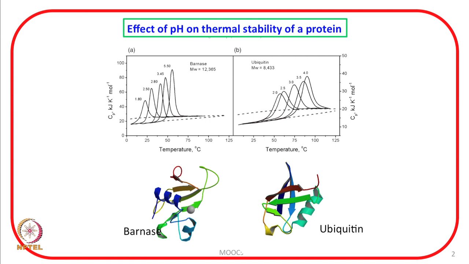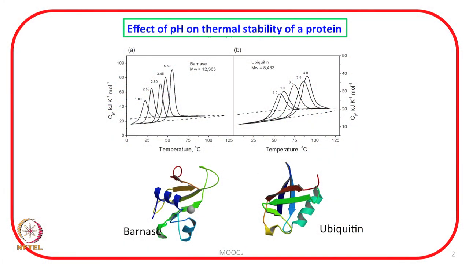Every protein will have its optimum activity under certain conditions, at a certain combination of pH, temperature, etc. And similarly, if we look at the transitions for ubiquitin, when you change the pH from 2 to 4, we see a consistent increase in the thermal stability.